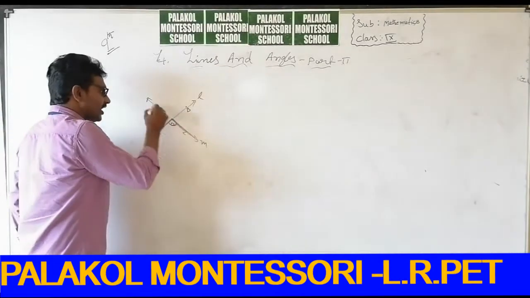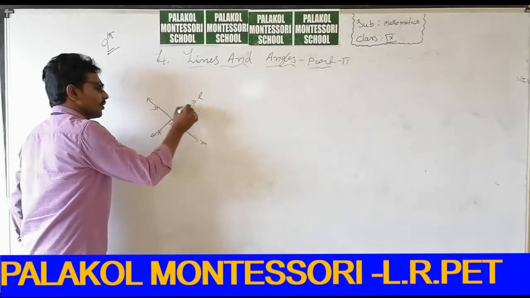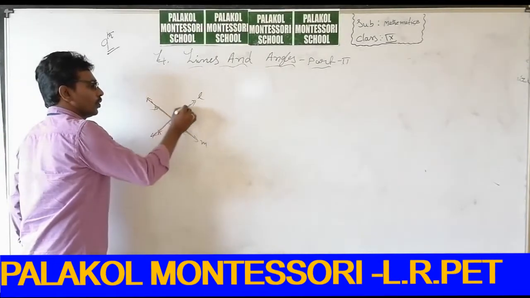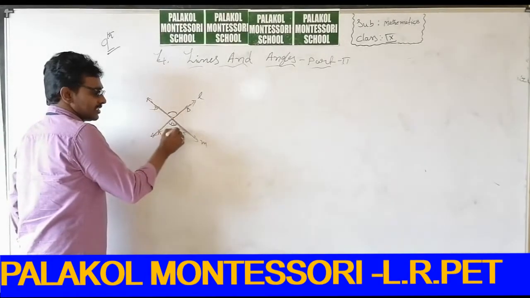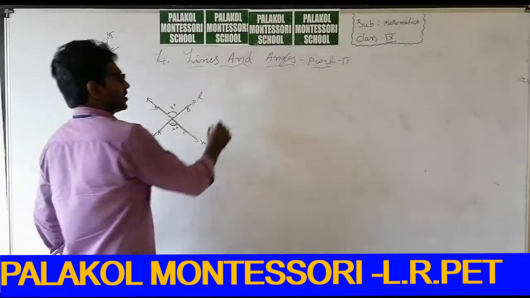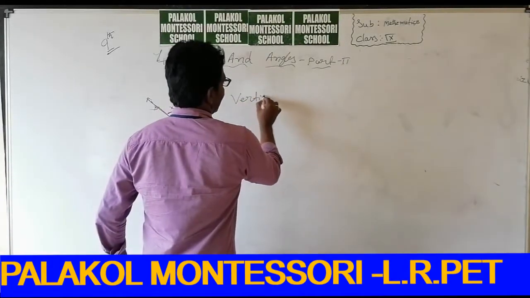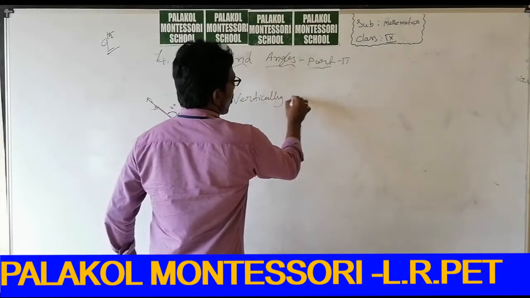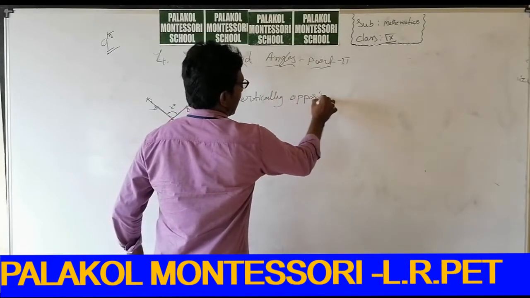This angle is equal to BOD. This means x degrees, this one is also x degrees. That type of angles is called vertically opposite angles.